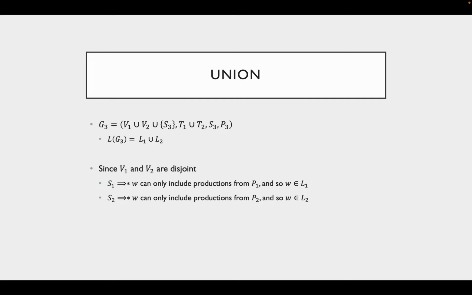And so the word is in language 2 in that case. Therefore, because we can produce both words from G1 and G2 by simply starting in S3 and either going to S1 or S2, the language of G3 or L3 is equal to the union of L1 and L2, and therefore context-free grammars are closed under union.